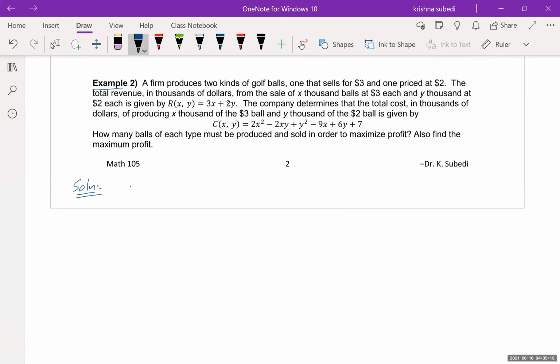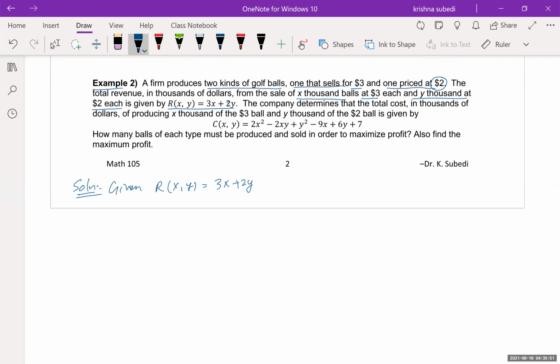Example 2: a firm produces two kinds of golf balls, one that sells for $3 and one priced at $2. The total revenue in thousands of dollars from the sale of x thousand balls at $3 each and y thousand balls at $2 each is given by the revenue function 3x plus 2y.